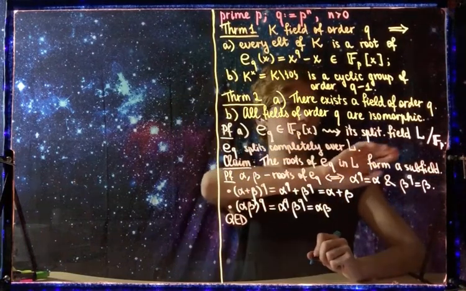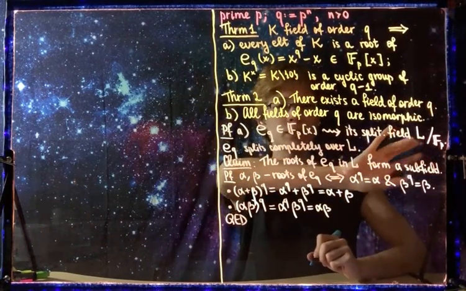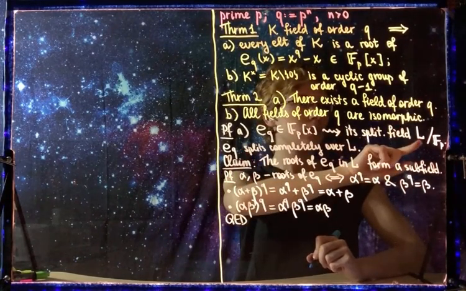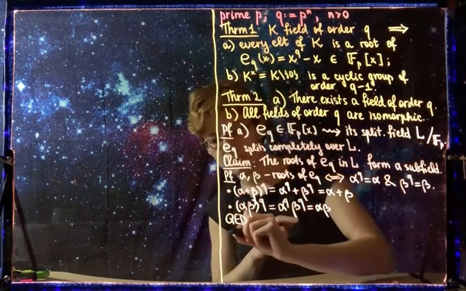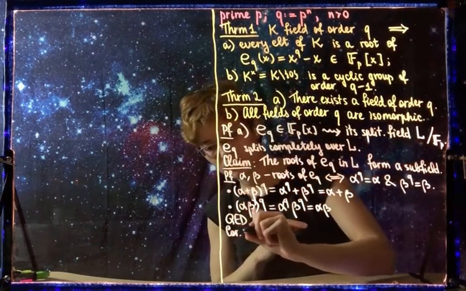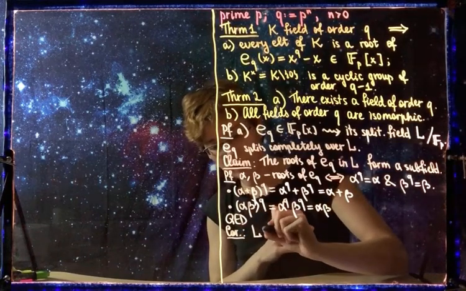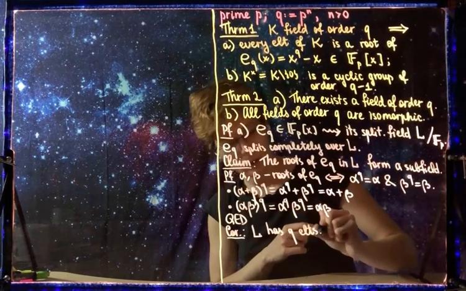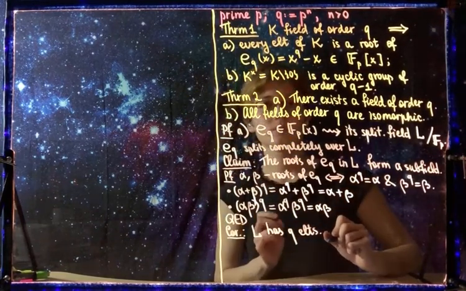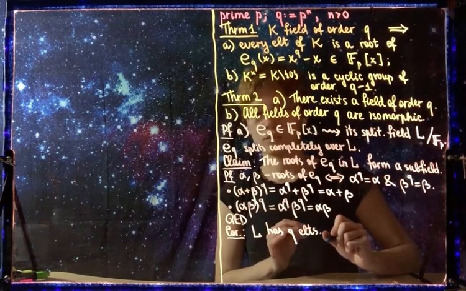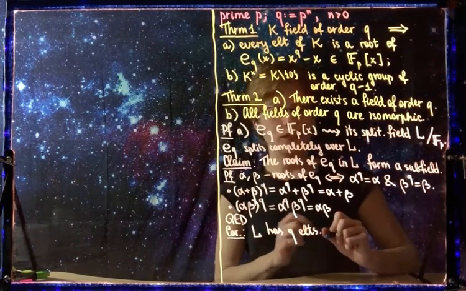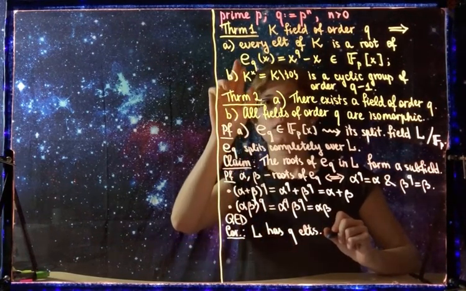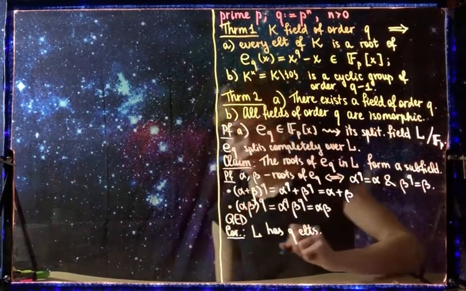And because the splitting field is the smallest field that contains the roots of E sub q, I get as a corollary that L has exactly q elements. So L is a field of order q. And now I want to say that all these roots are distinct.